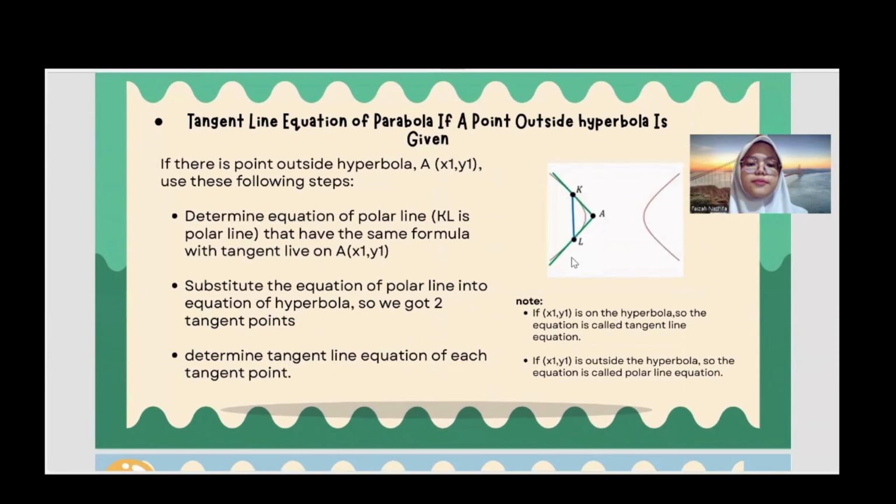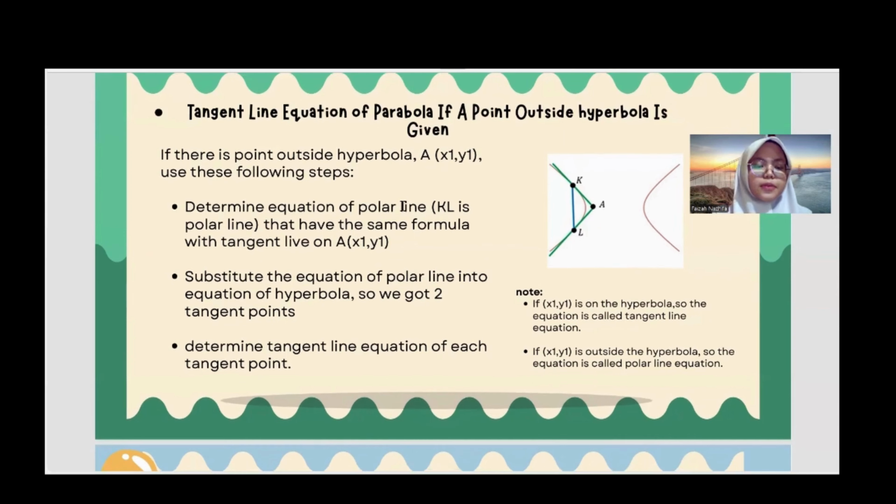For more explanation, we will look at this. If there is a point outside the hyperbola, which is A with x1, y1, we can use the following steps to find the tangent line equation if a point outside the hyperbola is given. The first one is we have to determine the equation of the polar line. Line KL is a polar line.